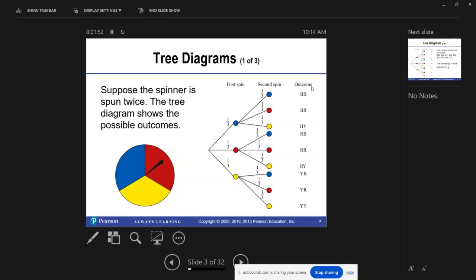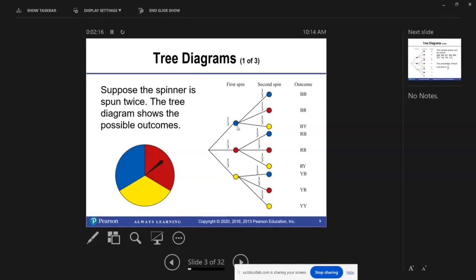Okay. Now, this last column represents the outcome. So if you're following this part of the tree diagram, that's showing a blue on the first spin, blue on the second spin. The next part of our tree diagram shows blue on the first spin, red on the second spin. So that's BR.